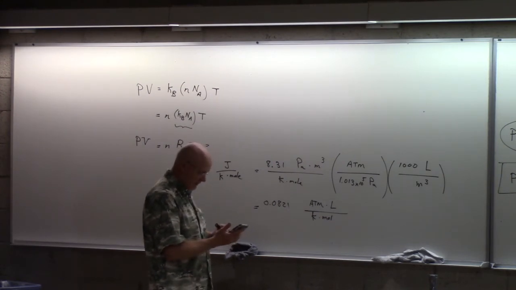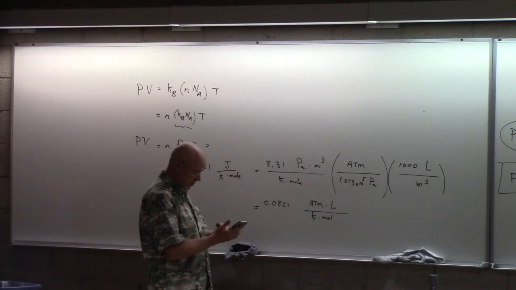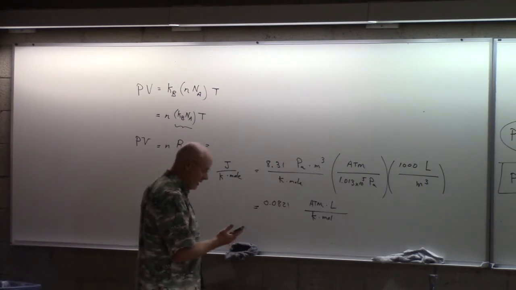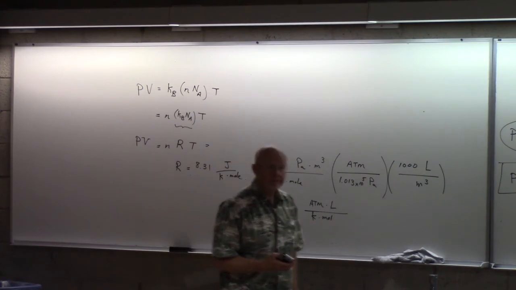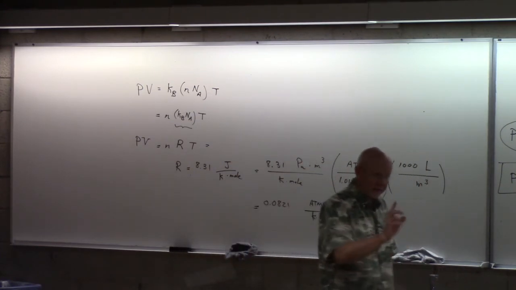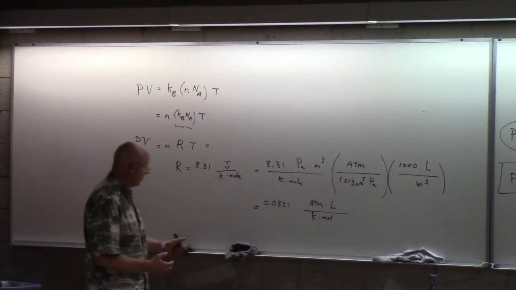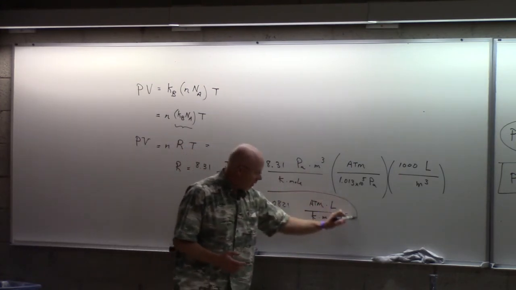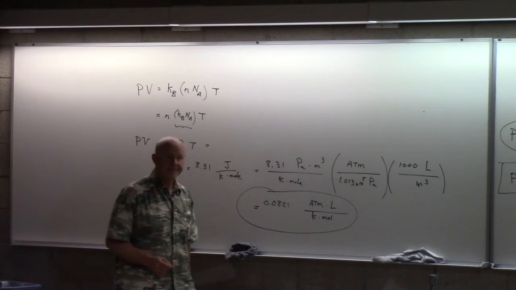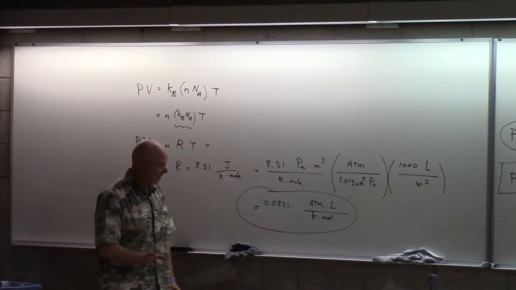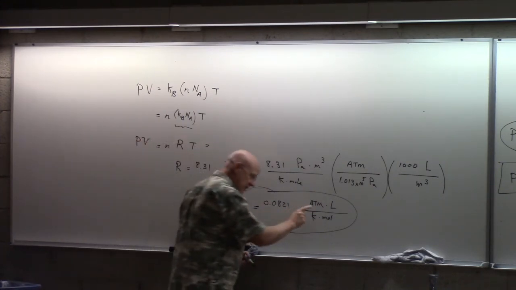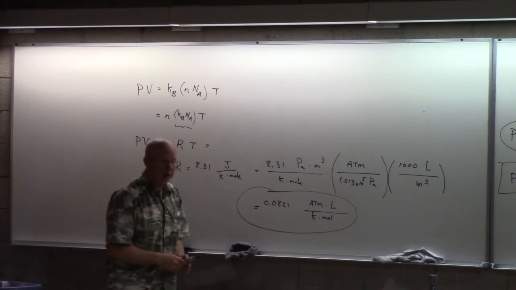Let's see, 8.31 divided by 1.013 times 10 to the 5 times 1,000. Yeah, 0.0821. And so I have a feeling that you guys coming from chemistry are thinking R should be this number. And I just want to emphasize, if you use these units, that is R.